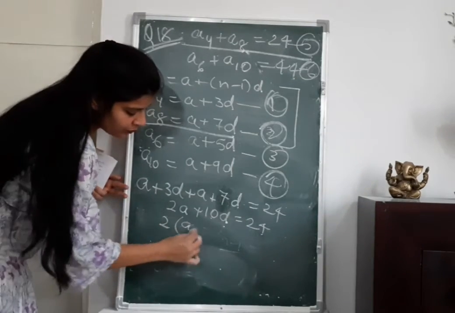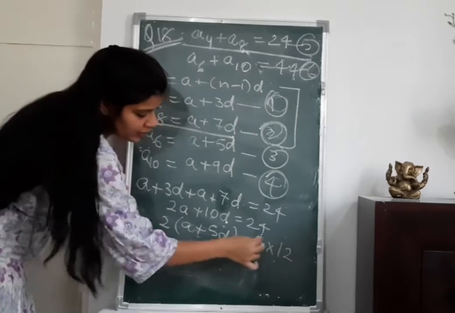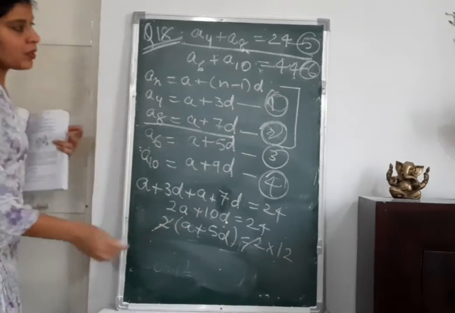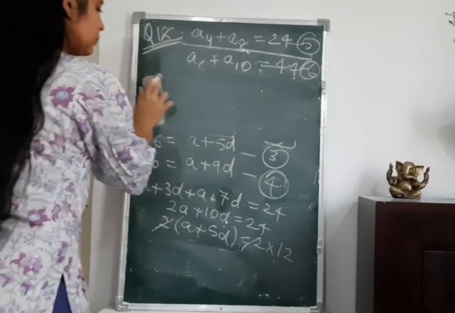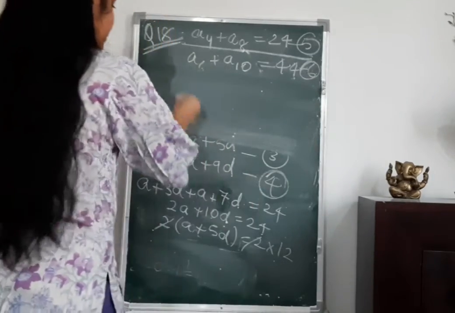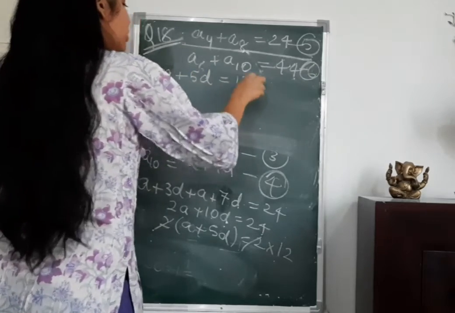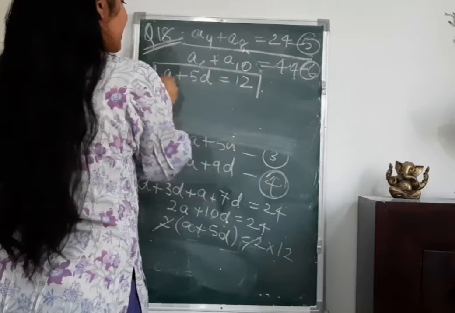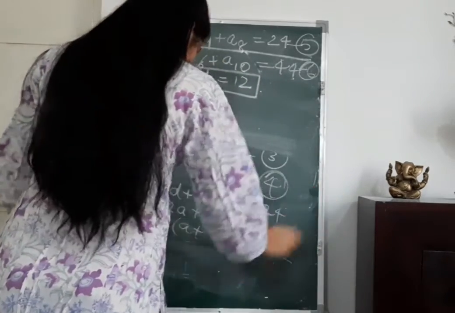I get 2 times (A plus 5D) as 2 into 12. 2 and 2 will get cancelled. So I get one equation as A plus 5D is equal to 12. This is very important. A plus 5D is 12.